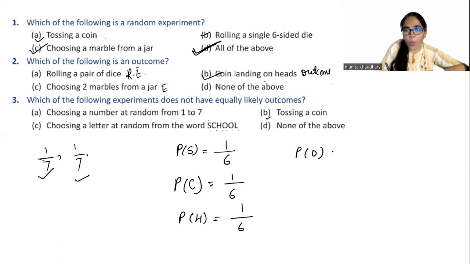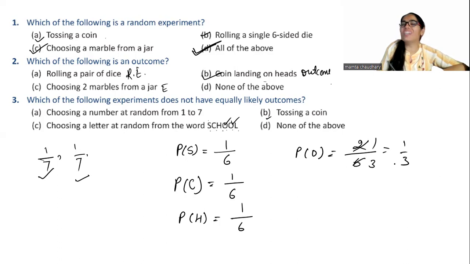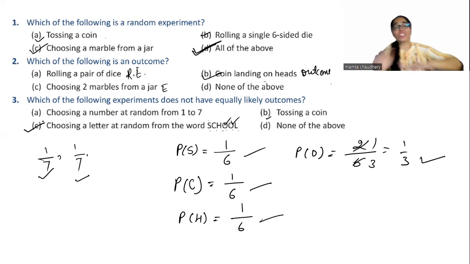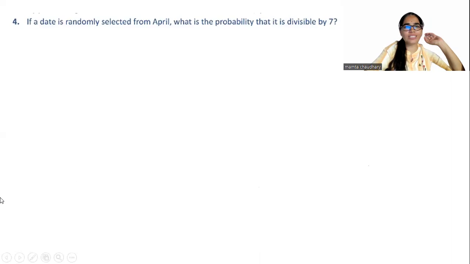Probability of getting O, total 6, and O comes 2 times. So 2 by 6, that is 1 by 3. So here it is not equally likely because you can see 1 by 6, 1 by 6, 1 by 6, but here you got 1 by 3. So this one is not equally likely outcomes. Clear? Very good. Now let's move to the next.